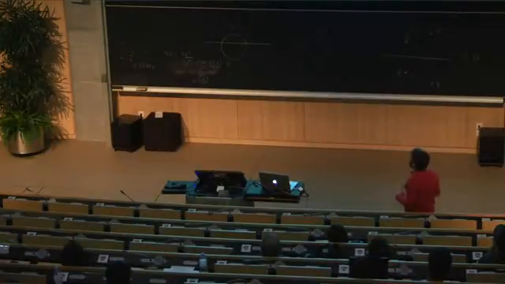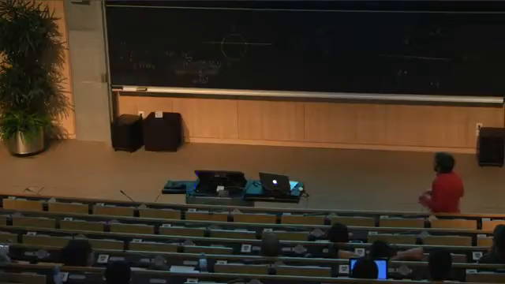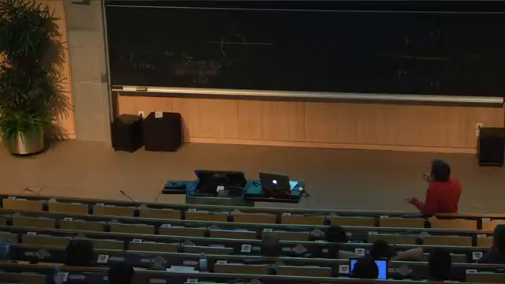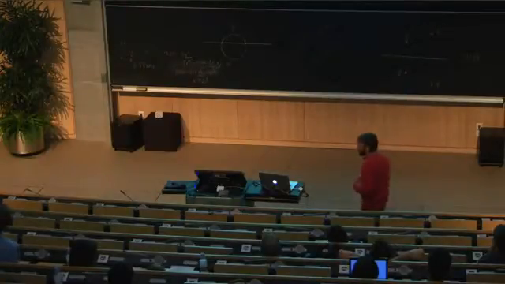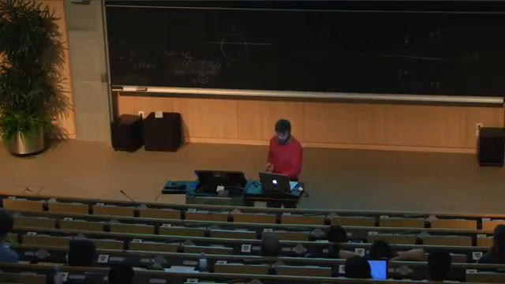You can collide O_i and O_j or other pairs. And you can check, as a simple check of consistency of the whole construction, that independently of which pair you use, it always is going to give you the same expression for the 3-point function on the right-hand side. So this is consistent.